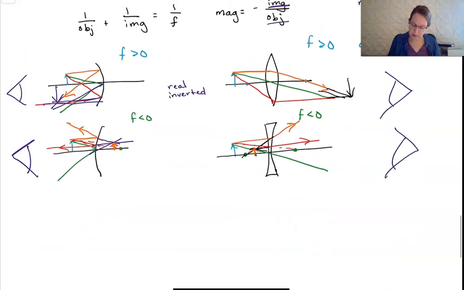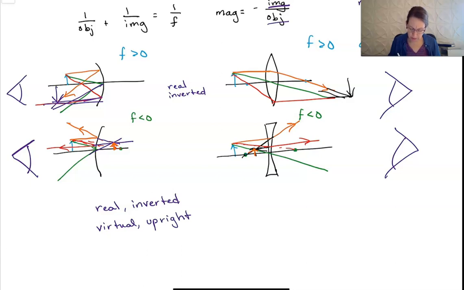So I'll make this set up down here. So real image is always inverted if we use one optical element. You could obviously put a second one in to then flip it again. Real is going to be inverted. Virtual is going to be upright, as we can see in the bottom.